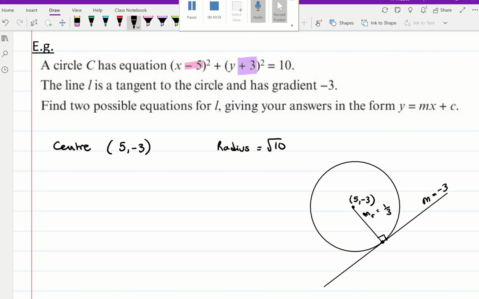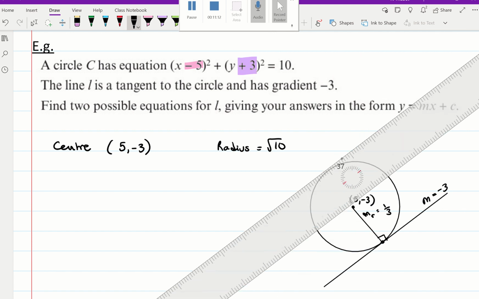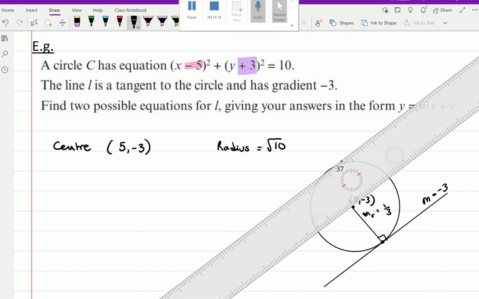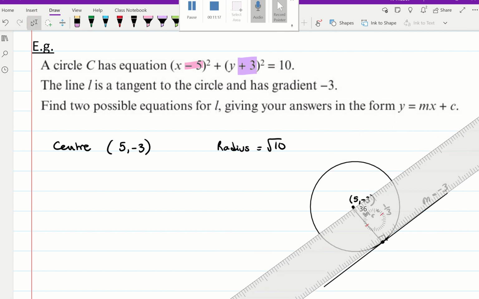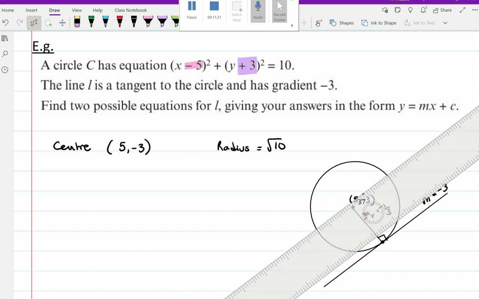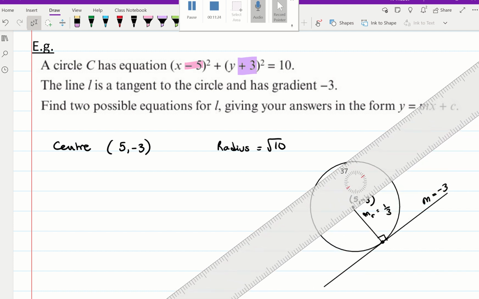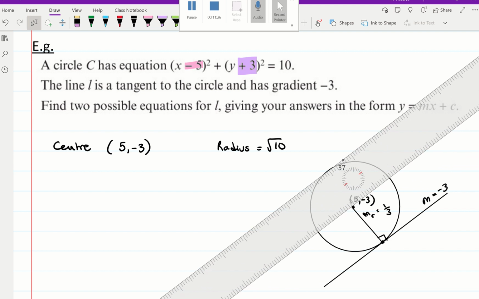Okay, so the line L is a tangent to the circle. Find the two possible equations for line L. Now you may ask, how could there be two possible equations for one line? Well, if I take the tangent here and I just create a parallel tangent over there, you can see that it will have the same gradient.